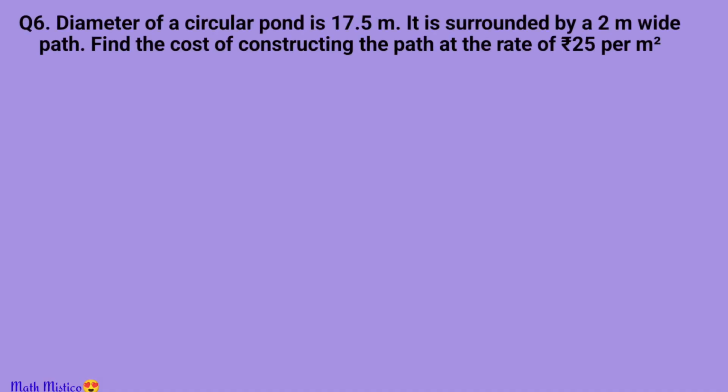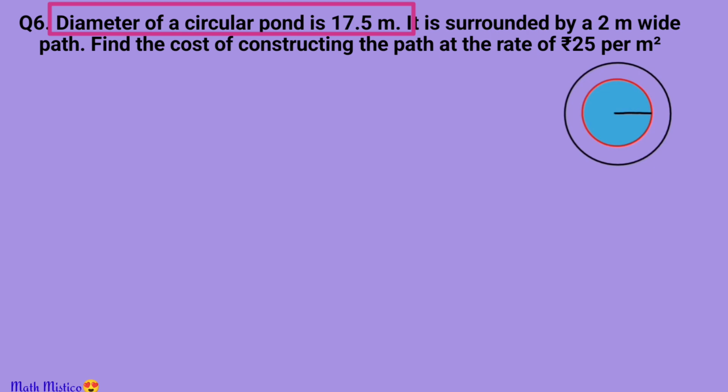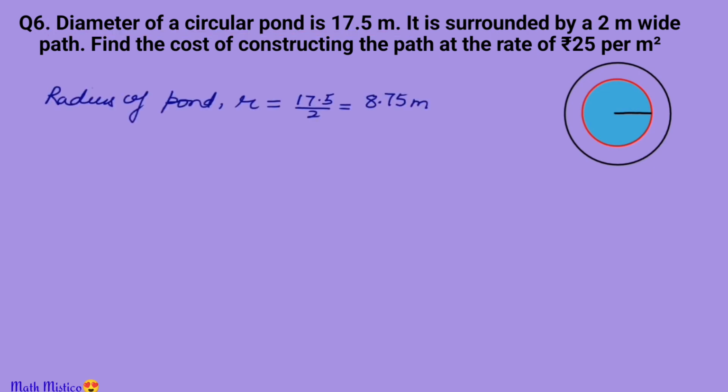In the next example, we have a pond and a circular path all around it, and we are asked to find the cost of constructing the path. Let's quickly show a figure to explain this answer. We'll get a ring shape where the inner circle represents the pond. The radius of the pond is 17.5 upon 2, that is 8.75 meters.